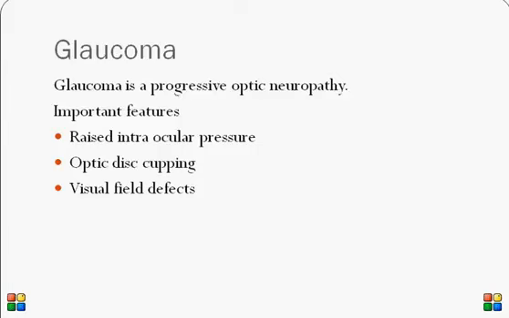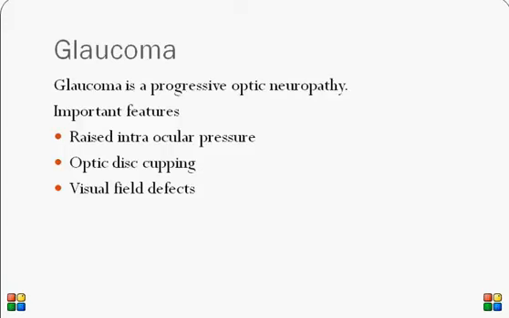Three important features of glaucoma are increased intraocular pressure. The normal intraocular pressure is between 10 to 21 millimeters of mercury. Any pressure more than 21 can be considered as a risk factor for glaucoma. The second important feature of glaucoma is optic disc cupping.